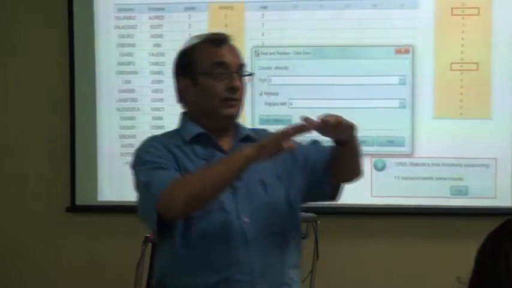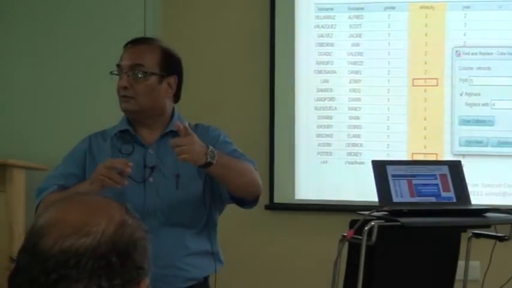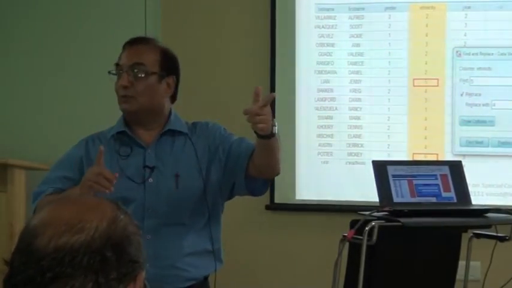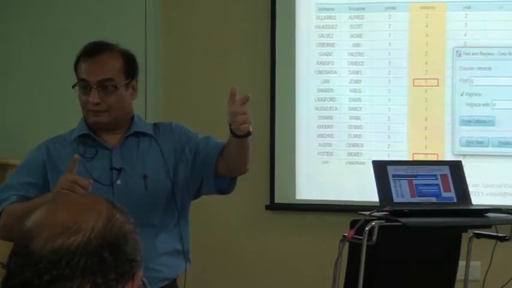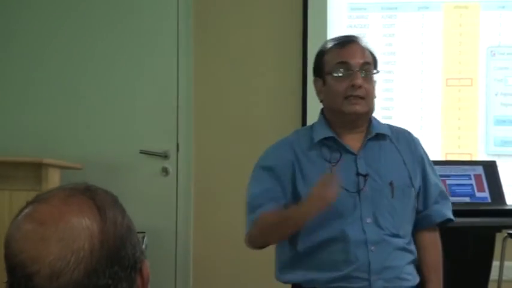So if you have 5 categories, 1, 2, 3, 4, 5, then you club 4 and 5, or you club 1 and 2. You pool them. The minimum expected count in a cell is 5. That is the standard. If it is less, say 3, 2, 1.2, then your test is not valid, and you need to club the categories.